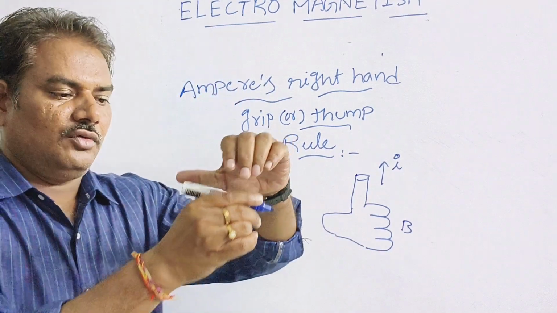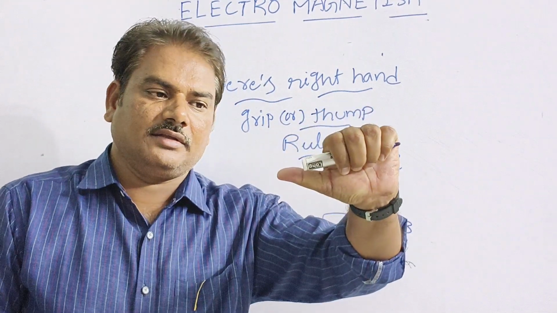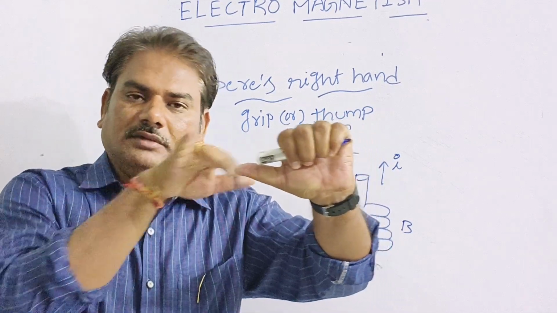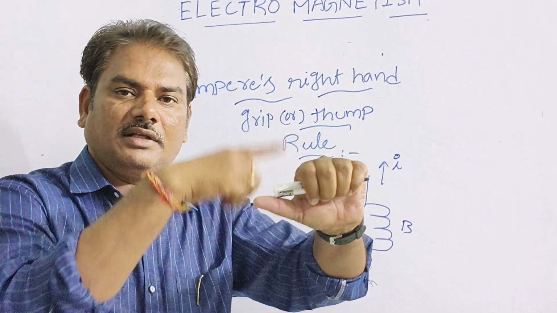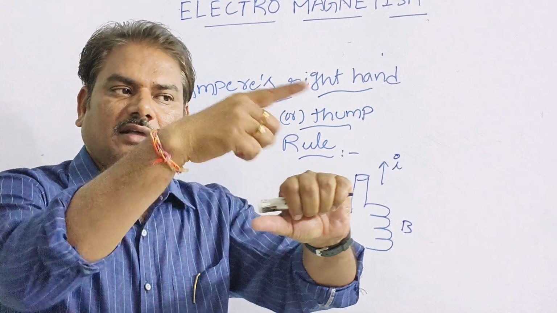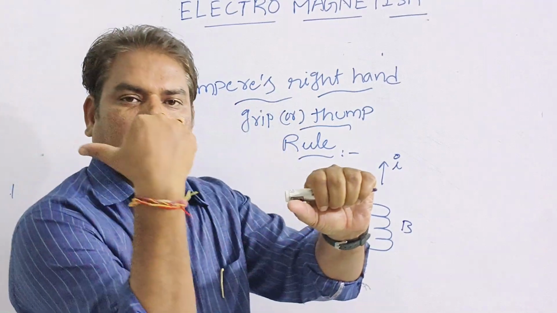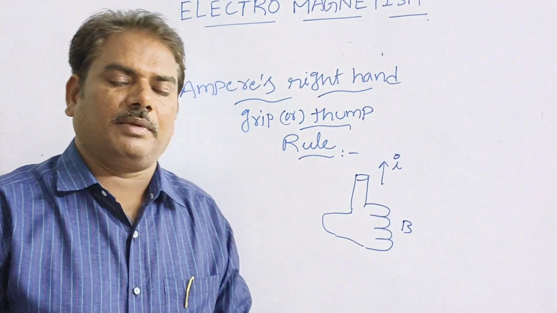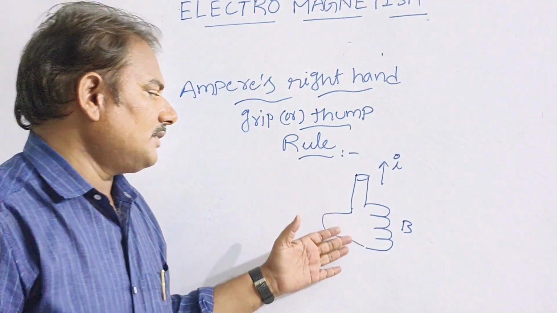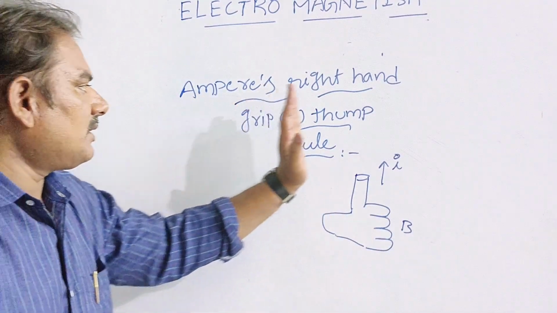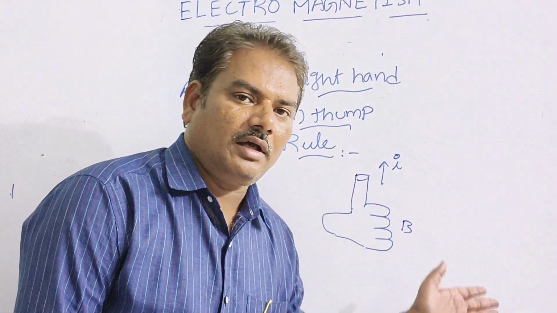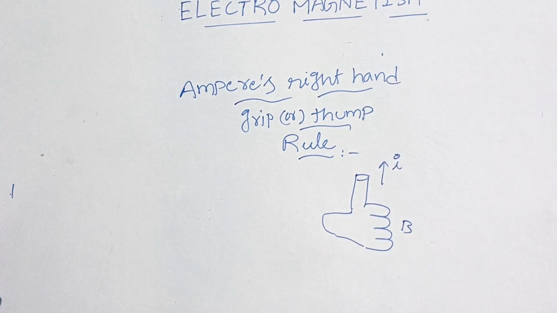So holding a pen like this, this direction represents the current and the remaining fingers represent the magnetic field, which forms concentric circles. Both are perpendicular to each other. This is Ampere's right hand thumb rule or grip rule.